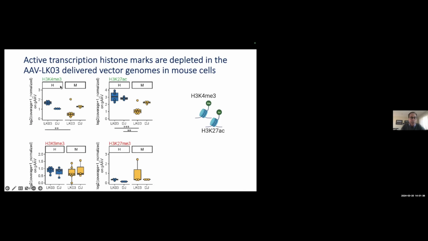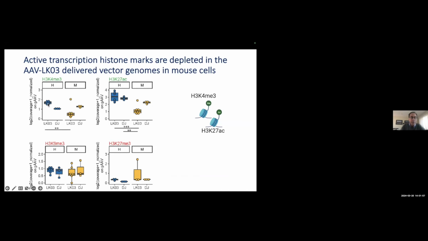So this is an example of an experiment where we looked at LKO3 and DJ in human or mouse. The green histone marks are the histones that are associated with permissive transcription, and the red ones are associated with repressive transcription.